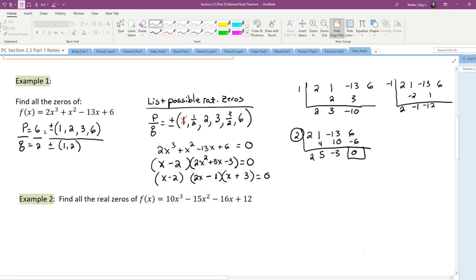So now I'm ready to answer this question. My zeros of this function are 2, 1/2, and negative 3. It didn't ask me for the x-intercepts, it asked me for the zeros, and so I can list the zeros. Ooh, I'll get fancy. I'm going to list them in a set.